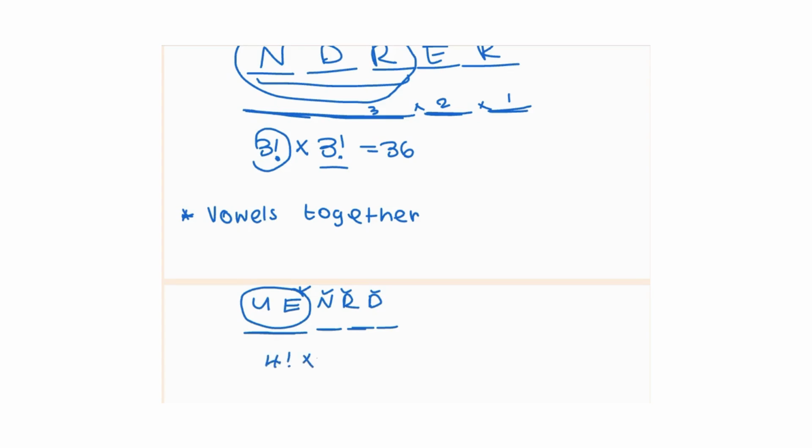But also inside my item, I have U and E. I don't know if I'm supposed to start with E or with U. It's 2 letters, so that's 2 factorial. So that's 4 factorial times 2 factorial, 4 factorial is 1, 2, 3, 4, times 2 factorial. That's giving me 48.